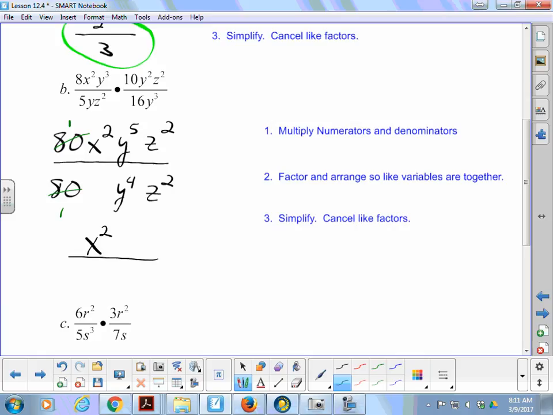So 5 minus 4 is 1, so I have y to the 1 left in the numerator. And then both the z's are z squared, so those are going to cross out, and those both give me 1. So basically I have x squared y over 1. Well, I don't need that, so I can just say it's x squared y.